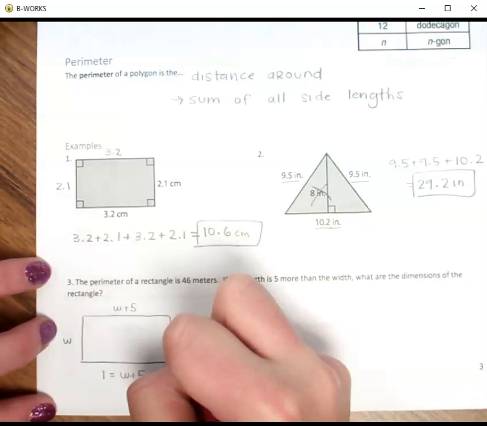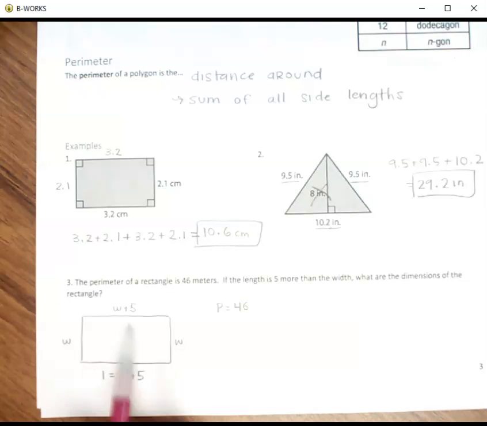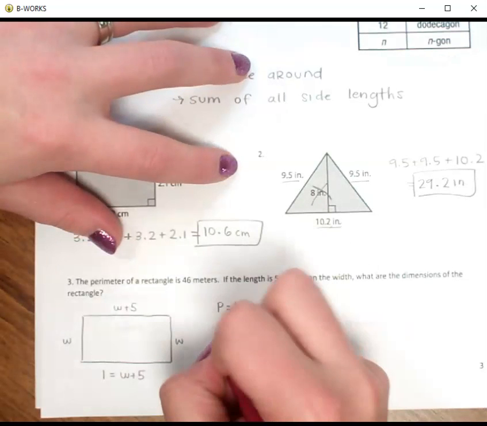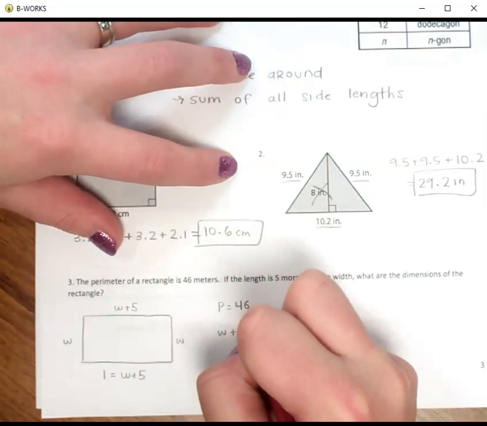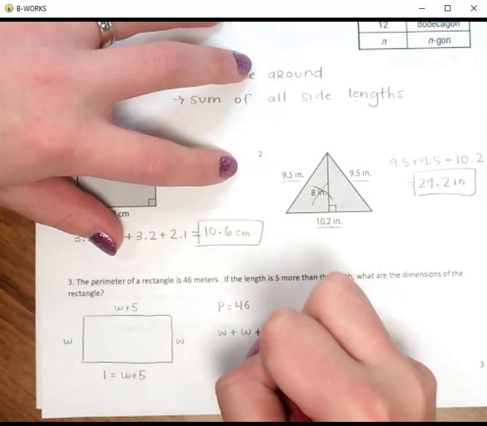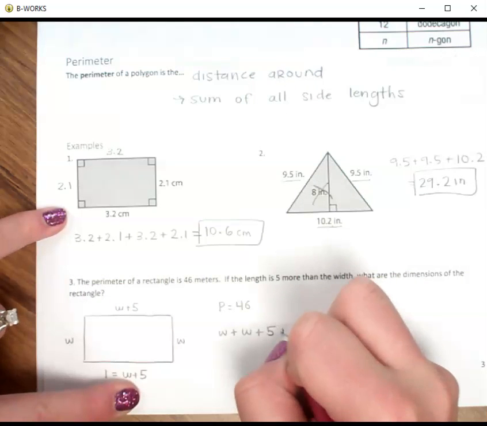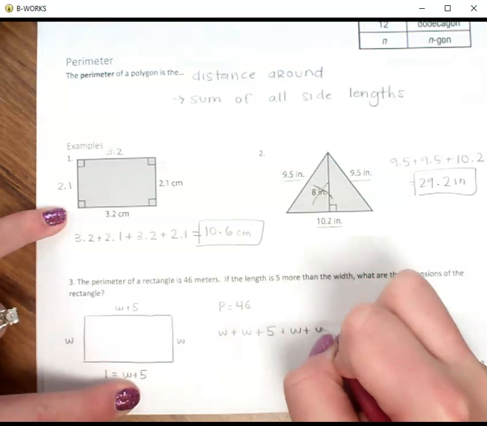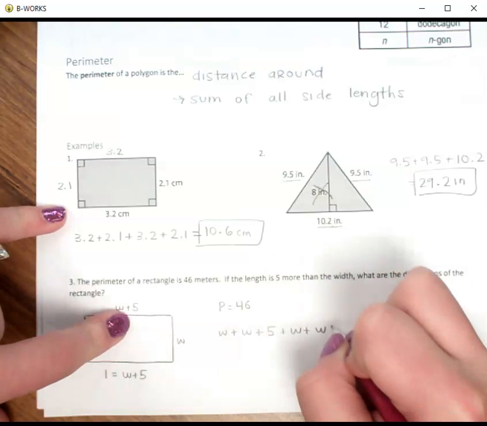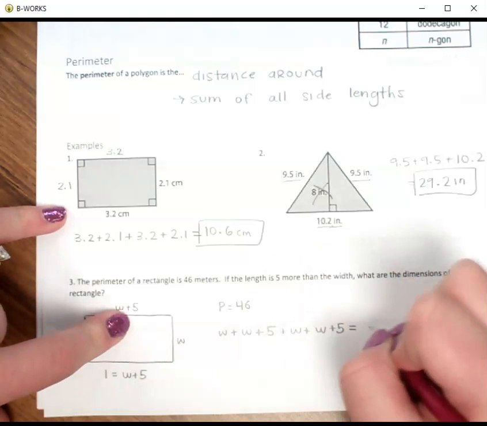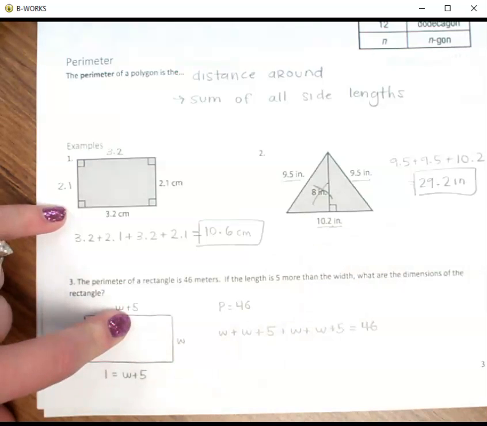And we know rectangles have opposite sides the same length. So my perimeter is represented by this expression here: W, the width, plus 5 more than the width, plus the width, plus 5 more than the width is 46. That perimeter was given to us.